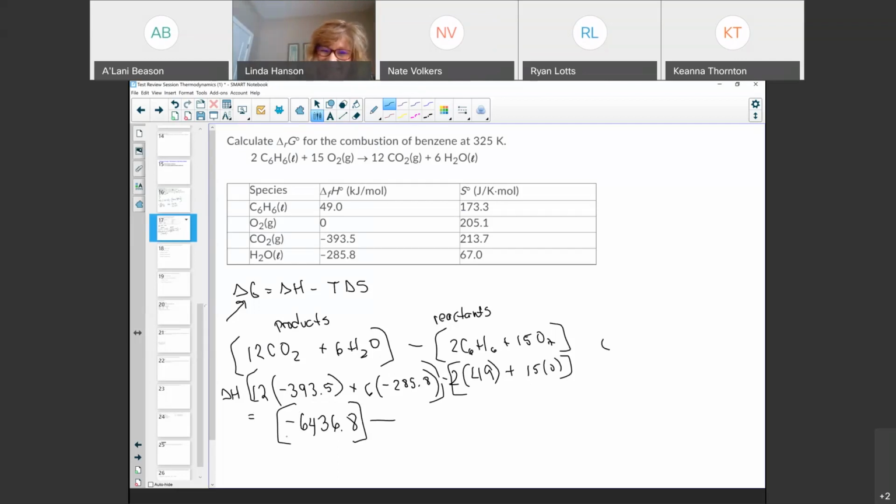I'll do the reactants next. 2 times 49, and of course plus 0 for the 15 times 0. And finally, we're ready to say delta H is equal to negative 6436.8 minus that previous answer of 98. Delta H is coming out to be negative 6534.8 kilojoules for this part.